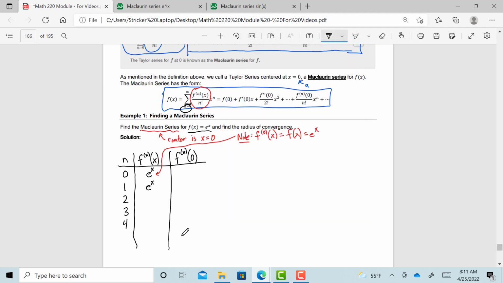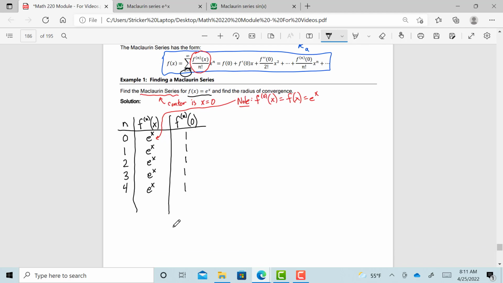Okay, the second derivative, again, if we take the derivative of e to the x, we get e to the x, and so on. For all of these, now it's not going to be this simple every time, but it's nice to start out simple. So those are all e to the x. And then if we evaluate each of those at 0, e to the 0 is 1, and so on. So this one is actually pretty straightforward.